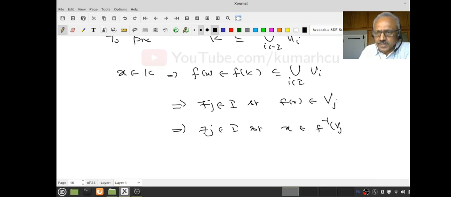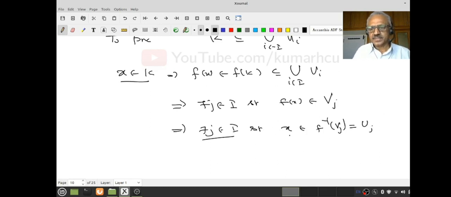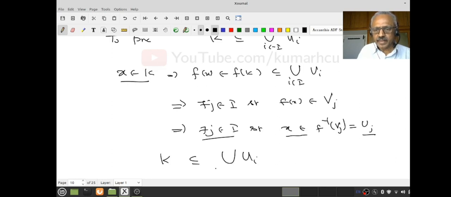But what is V_j? It is U_j. Therefore, what do you think I have proved? Given any x in K, there is a j in I such that x belongs to U_j. That means K is a subset of the union of U_i, i in I, because give me any x, I should prove that there is a j such that x belongs to U_j.